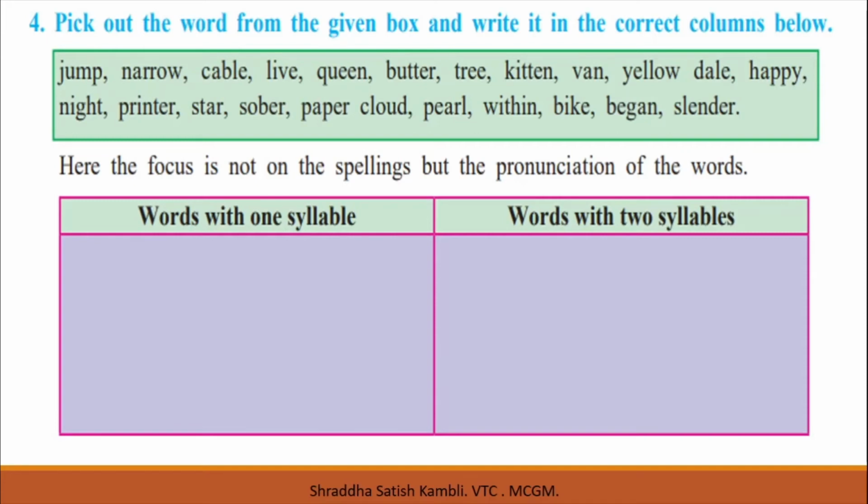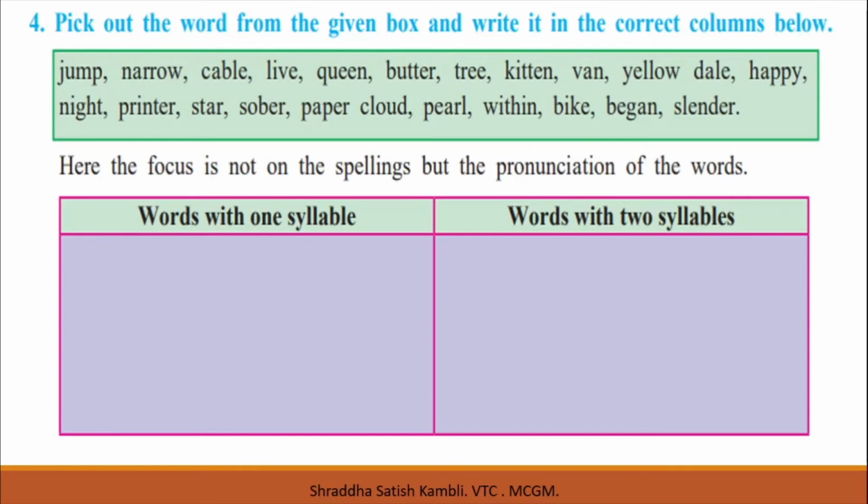So we have to focus not on the spellings but on the pronunciation of the words. Like I told you, there could be no vowel, but there could be a vowel sound. So you're supposed to focus on the pronunciation and not on the spellings. Okay, so let's take the words one by one.